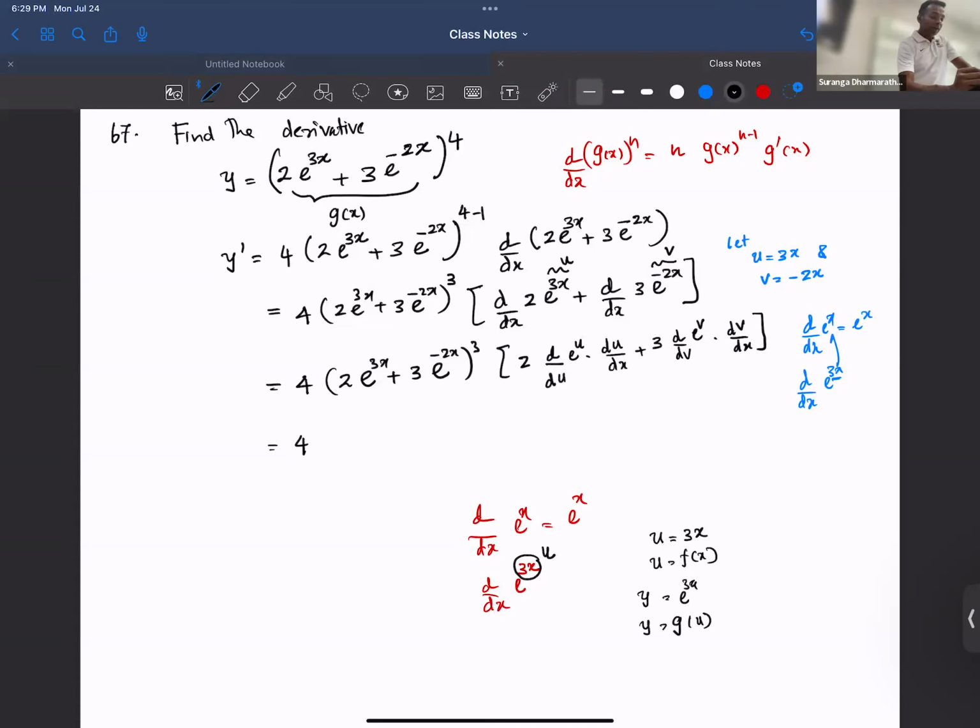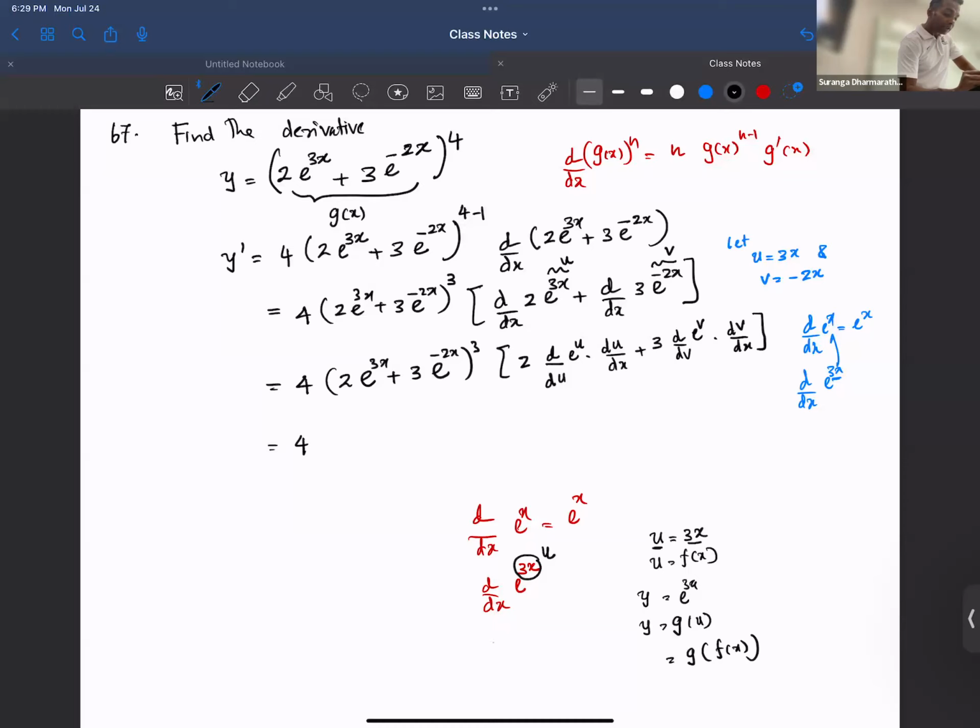But u is a function of f of x, so it's g of f of x. What is that? It is a composite function. So I made it like that. So now what I did was I put u equals 3x.